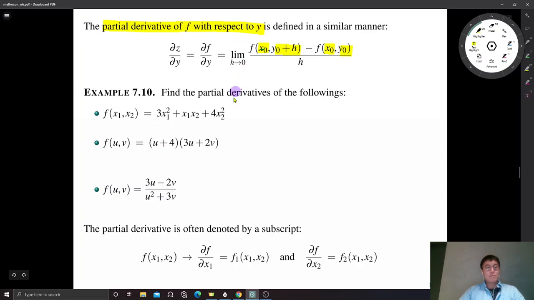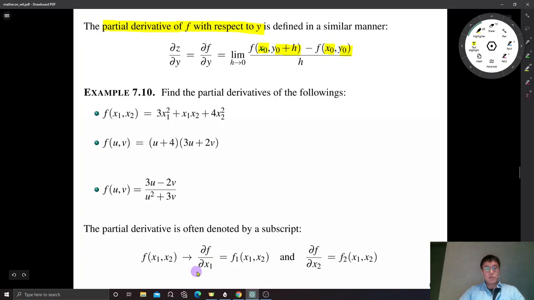Whenever a function has two variables, we can define a partial derivative with respect to the first variable and the second variable. This partial derivative is often denoted by a subscript. If the function depends on x1 and x2, then for the partial with respect to the first variable, we treat x2 as a constant, change only x1, and see the corresponding change in the function.